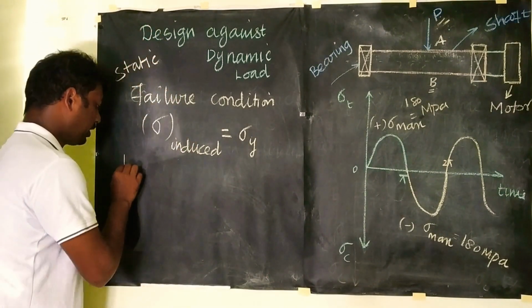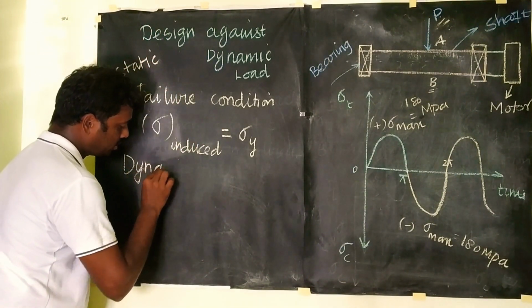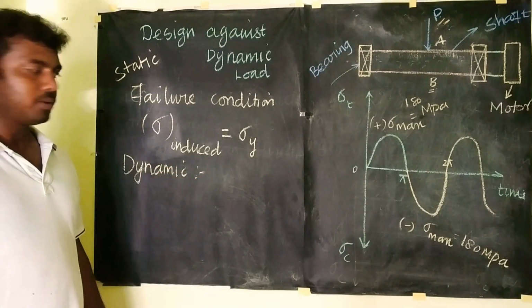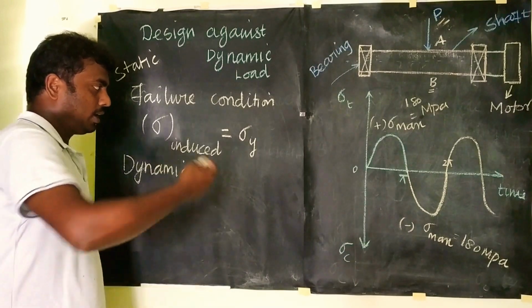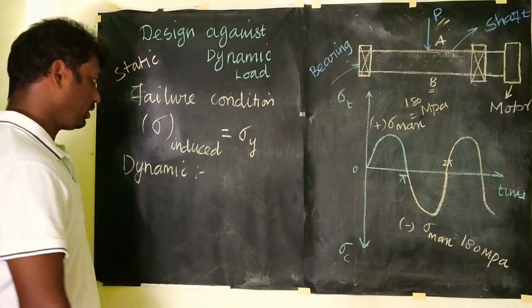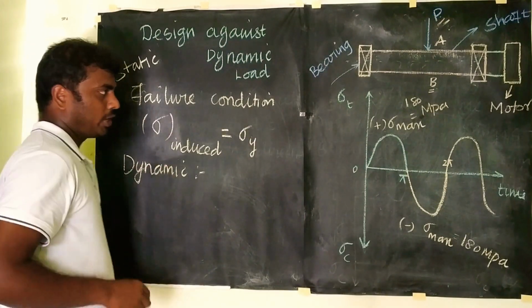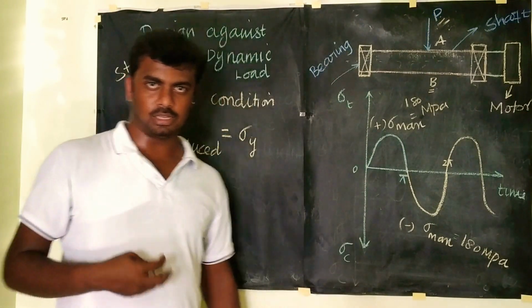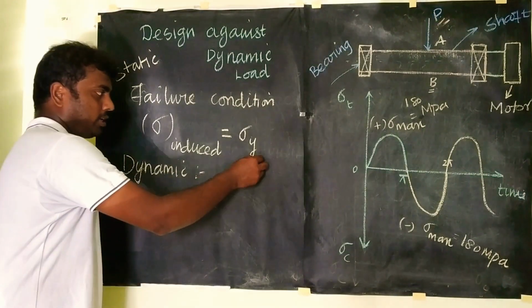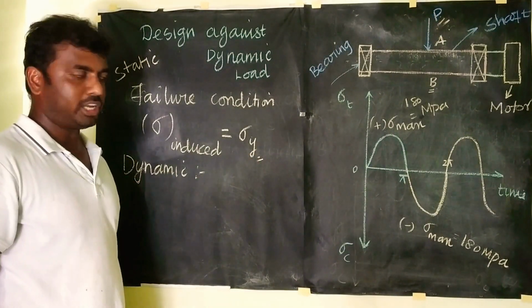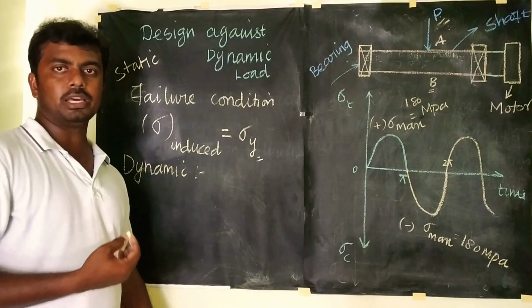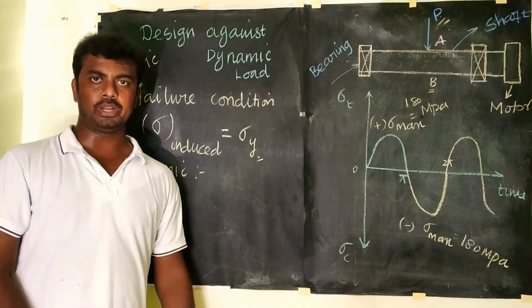But in case of dynamic loading, failure occurs at induced stress lesser than the yield stress or ultimate stress of the material. It means that failure occurs due to fatigue loading.